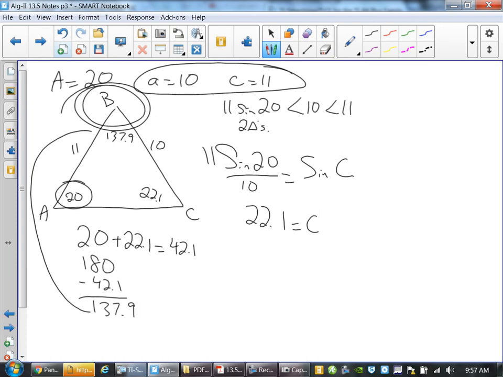Do you agree? What's the supplement of 22.1? 180 minus 22.1, that's 157.9. Yeah, seems right.